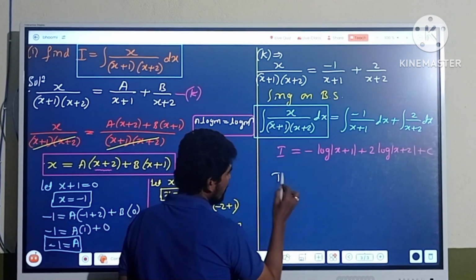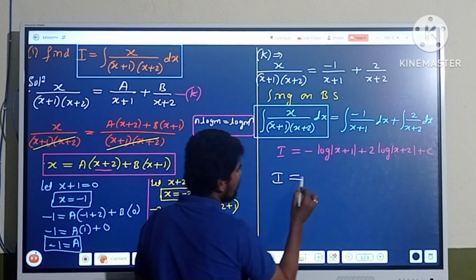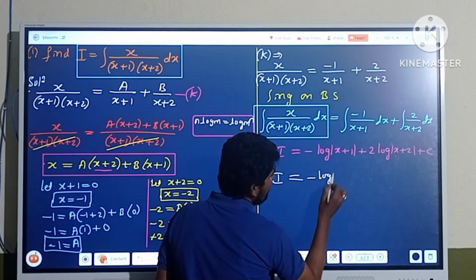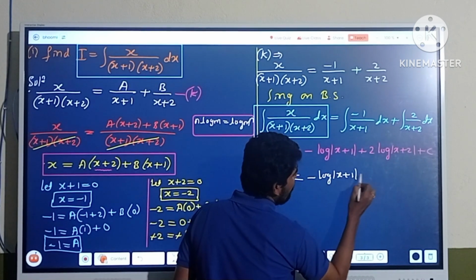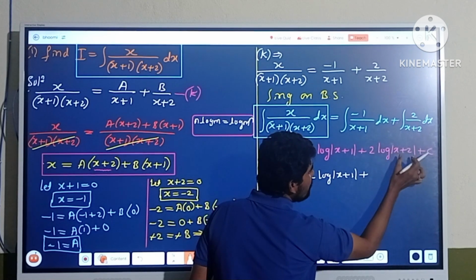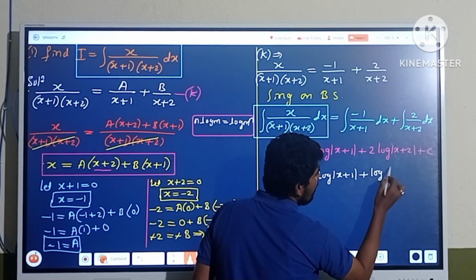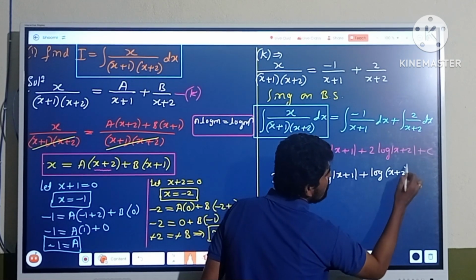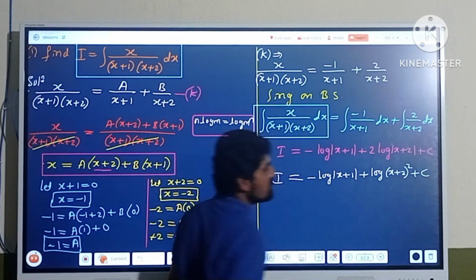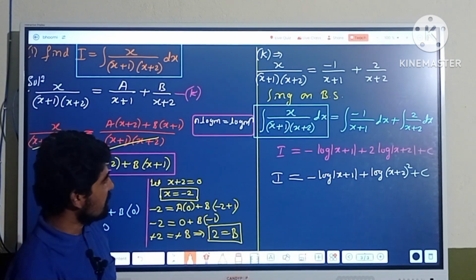Therefore I can be expressed by using this property of log as minus log x plus 1 plus 2 log x plus 2, which means log x plus 2 whole square, plus integral constant c. I hope all of you understand.